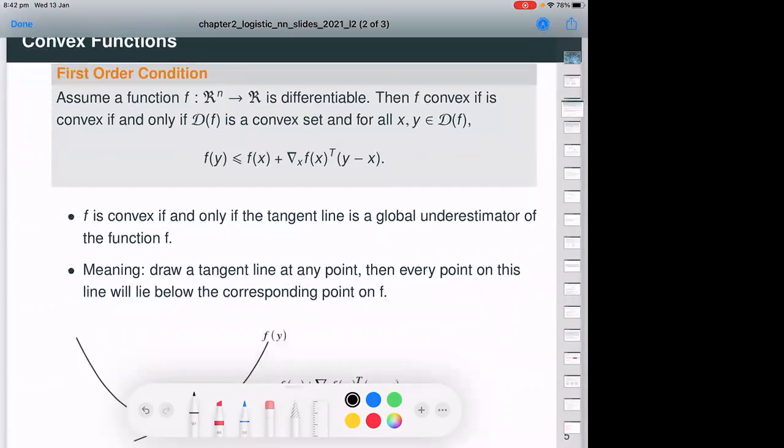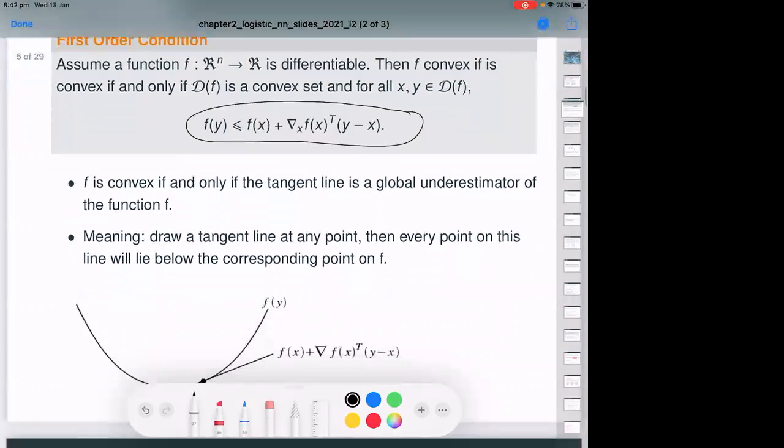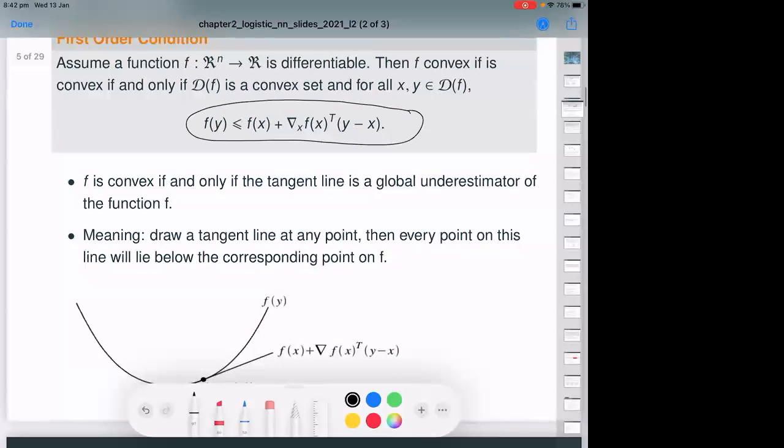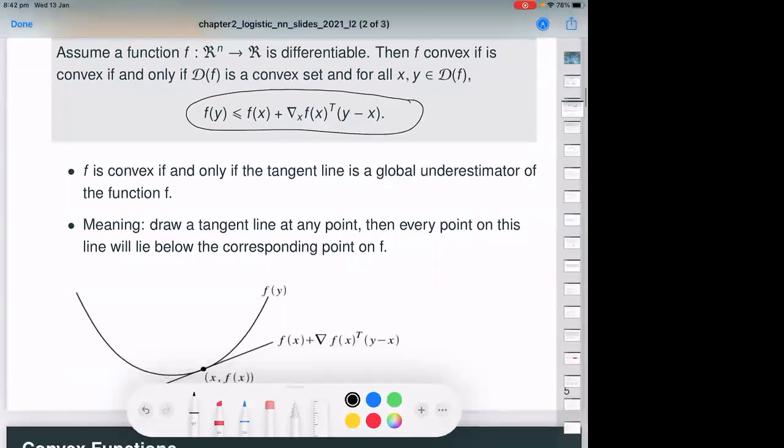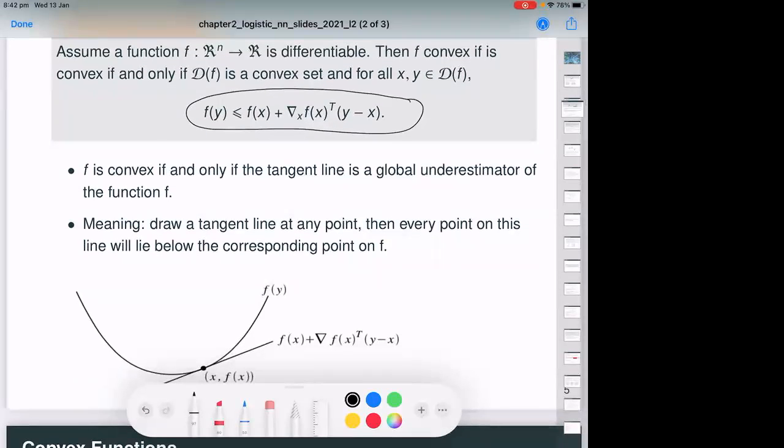If your function f is convex if and only if you have this inequality, and I'll let you just relax to look at this inequality and to think about how I can represent this inequality. And I put some note to explain what this inequality represents.